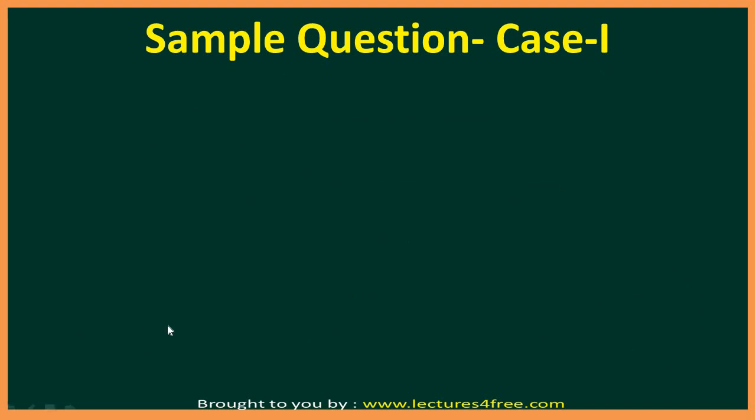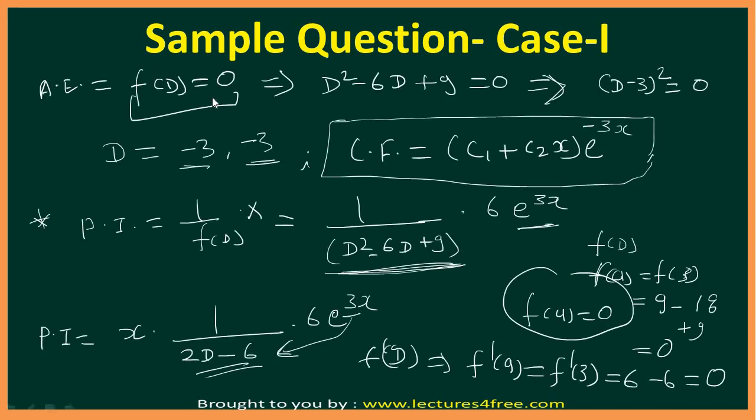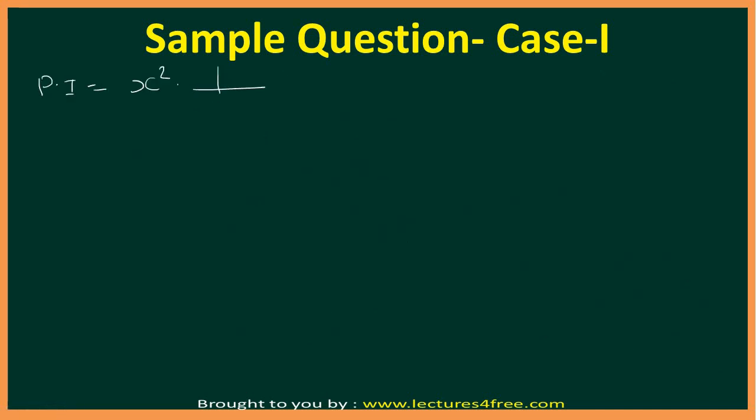So let's do that. You will get particular integral equal to x square, and if you differentiate again, you will get D differentiation of 2D will be 2, and the minus 6 differentiation will be 0 because minus 6 is constant, and here you will get 6 into e to the power 3x.